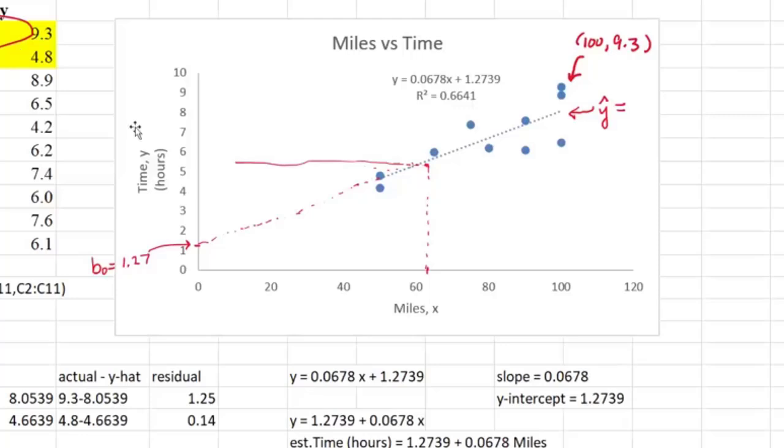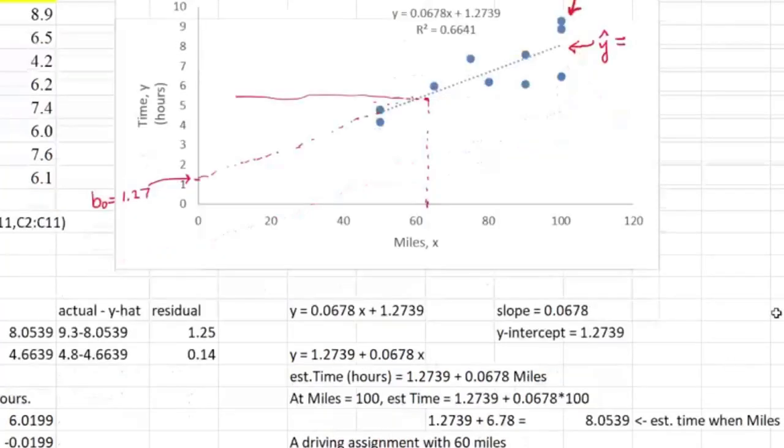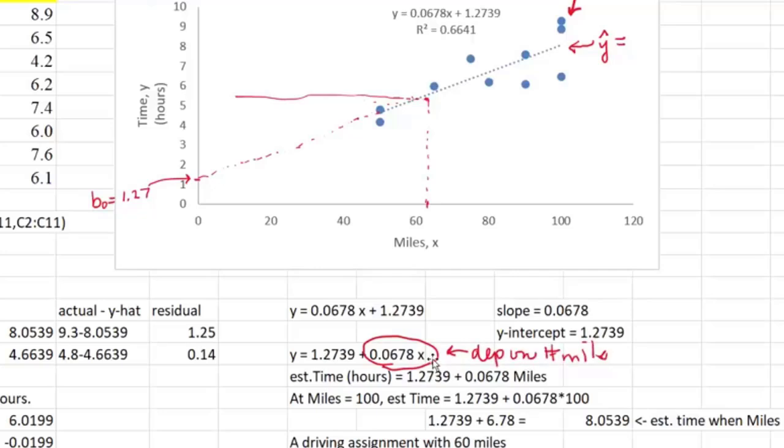This part, 0.0678x, depends on the number of miles, so that's kind of like a variable cost. And this part doesn't depend on x. This part just sitting there, 1.27, you could think of as a fixed cost, an overhead.